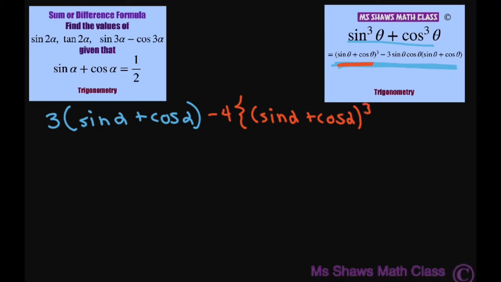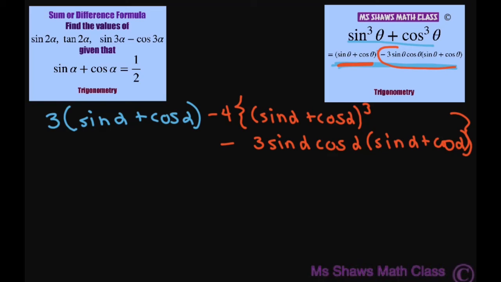And then we have this minus part. That's going to be, and we'll stick it down here, minus 3 sine of alpha cosine of alpha times sine of alpha plus cosine of alpha. And then the brackets, because we're multiplying everything through by 4.